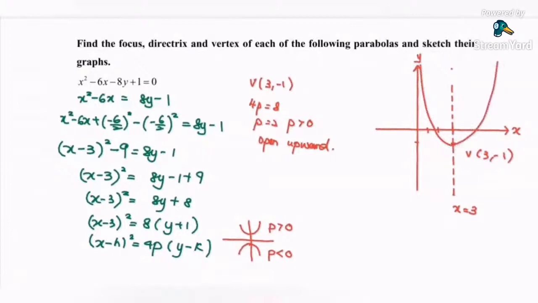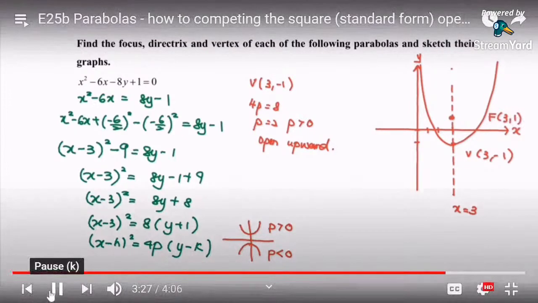So next what we have to do is to find the focus. The focus will be shifting upwards for 2 units, beginning with the vertex. Where we have negative 1, so 1 unit we have 0, then we will have the focus at 3, 1. Okay, rujuk kepada situasi ni, kita dapat x square.